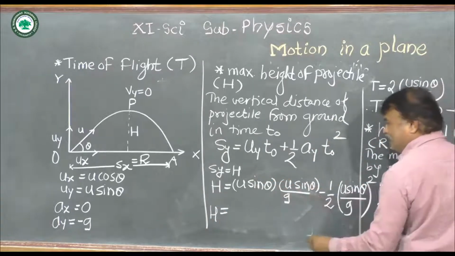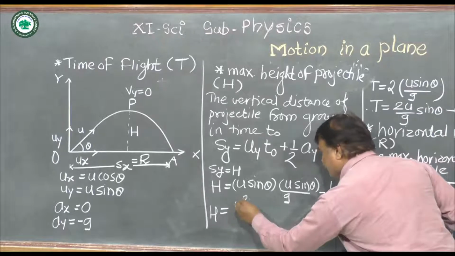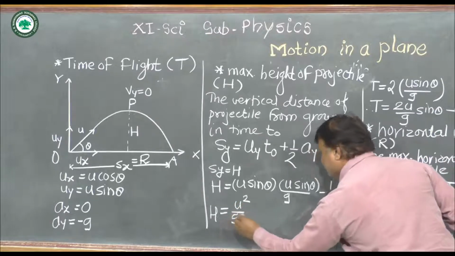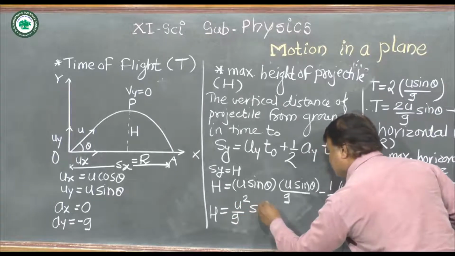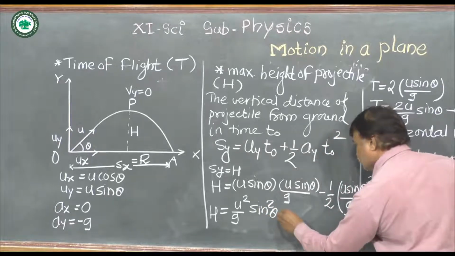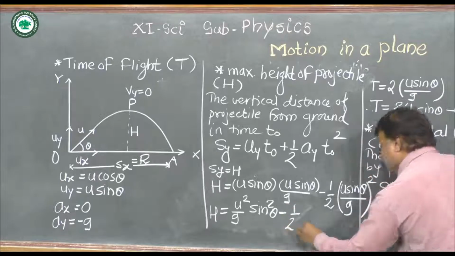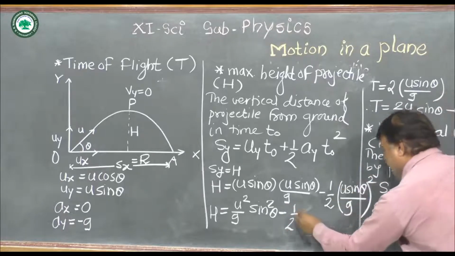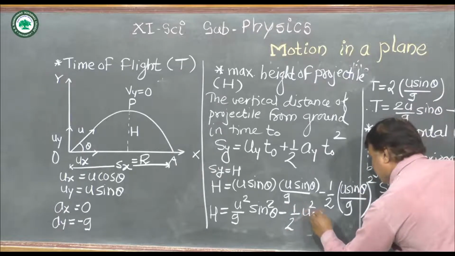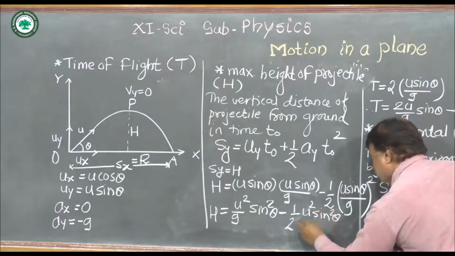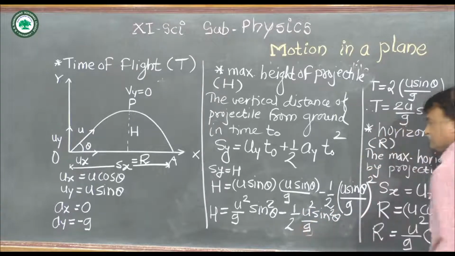Now by multiplying these, we get u square upon g into sin square theta, minus this half as it is, squaring this bracket, u square sin square theta upon g.